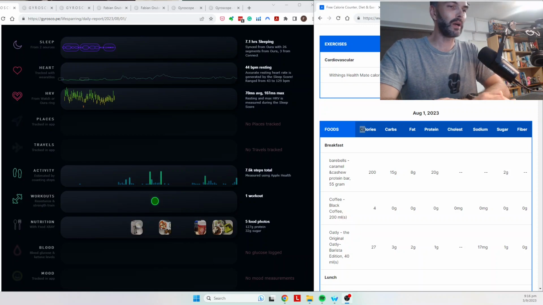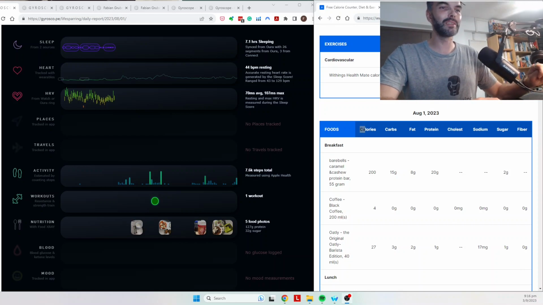Let's do what I promised to do, to compare the estimates from Food X-ray, the photo-based AI and human-powered calorie and food analysis from Gyroscope, versus my manual hand-tracked, pretty much with scale and barcode scanner counted calories in MyFitnessPal on the right-hand side.